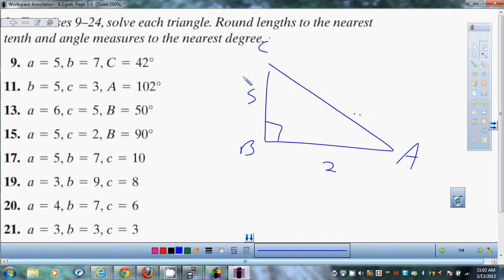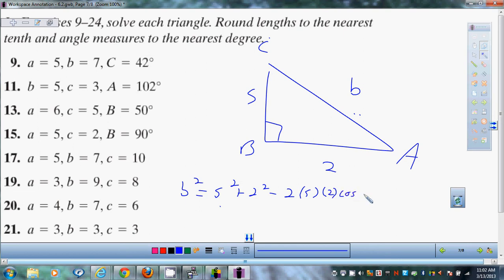B squared equals 5 squared plus 2 squared minus 2 times 5 times 2 cosine of 90. However, cosine of 90 is just what? Sine of 90 is 1. Cosine of 90 is 0, which means all this being multiplied by cosine of 90 is just 0.